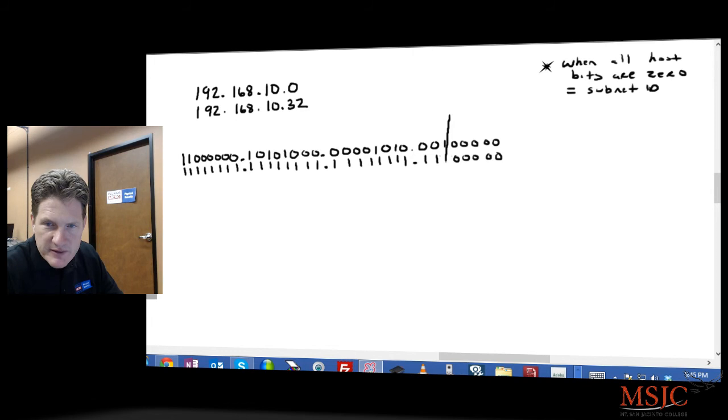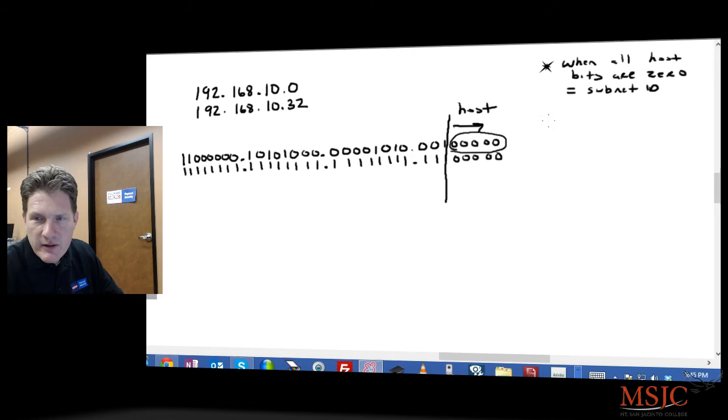Where are my host bits? These are my host bits. What is the rule? When all of the host bits are set to 0, what do I have? Subnet ID. That is what this is. So 32 is when all the host bits are set to 0.